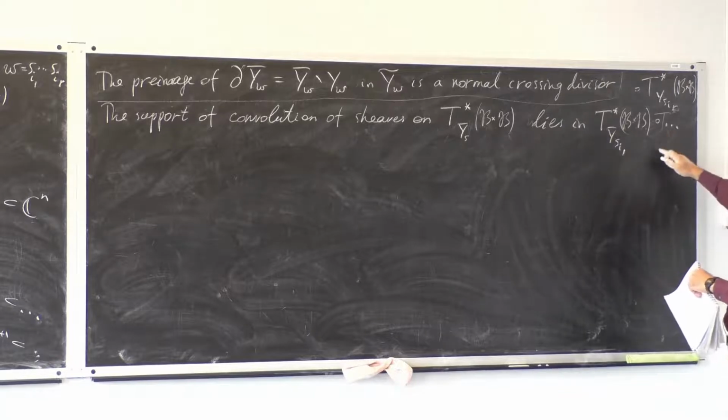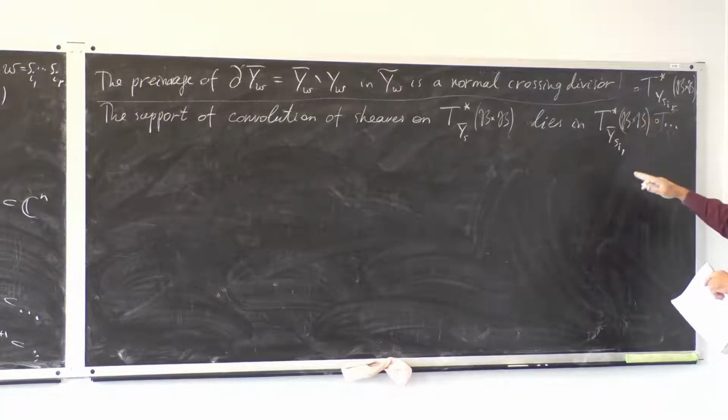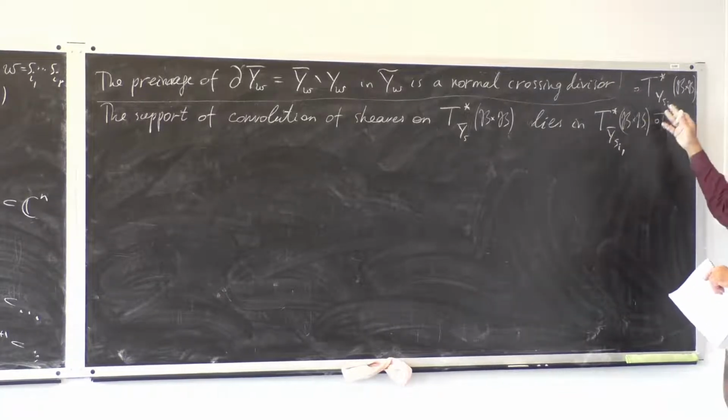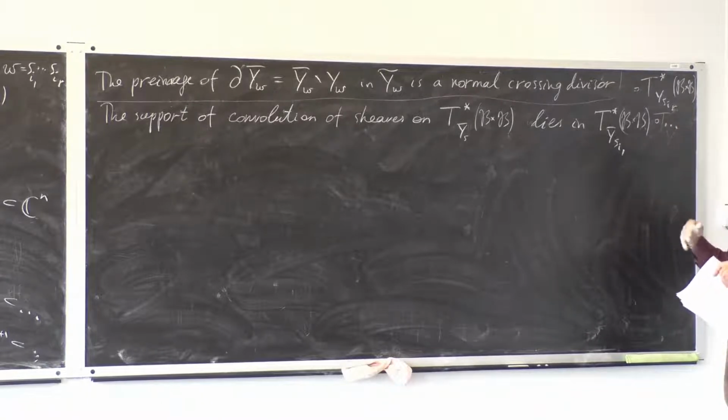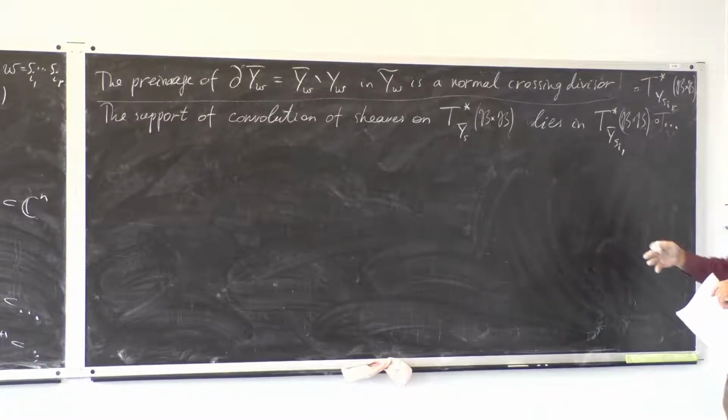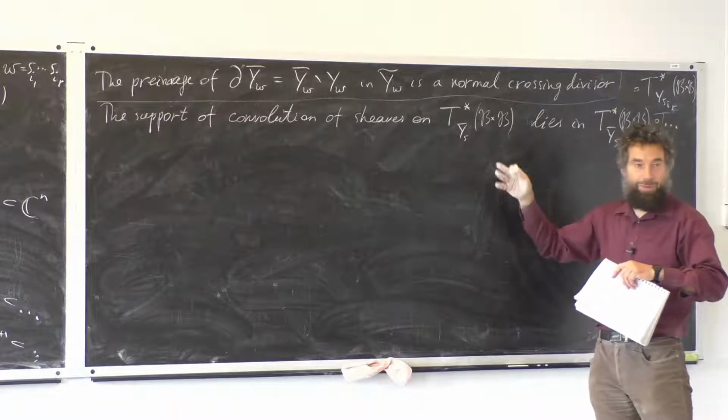So just by definition of convolution, you have to lift something in the triple product, if you remember, and then you tensor in this triple product something.